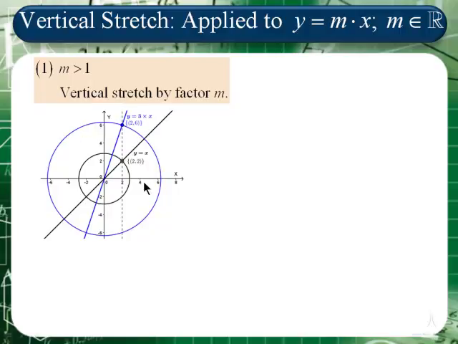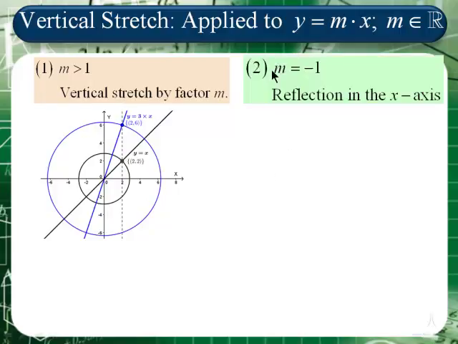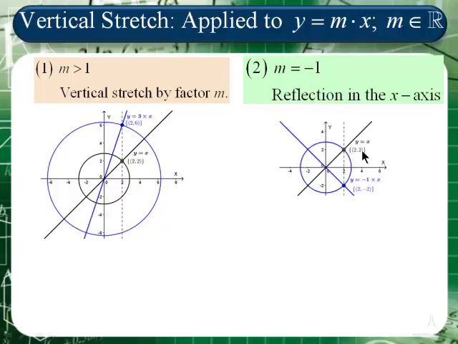Note the blue circle is bigger than the black circle. Note the transformation of the point from 2, 2 to 2, 6. Note the transformation of the defining equation from y equals x to y equals 3 times x, or simply y equals 3x.